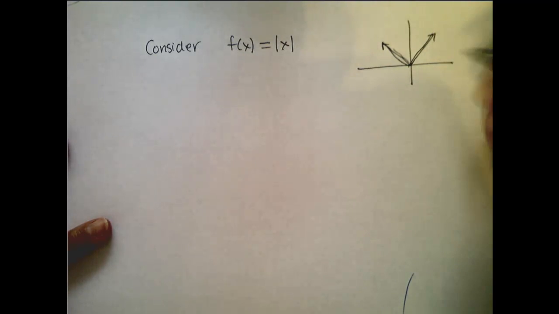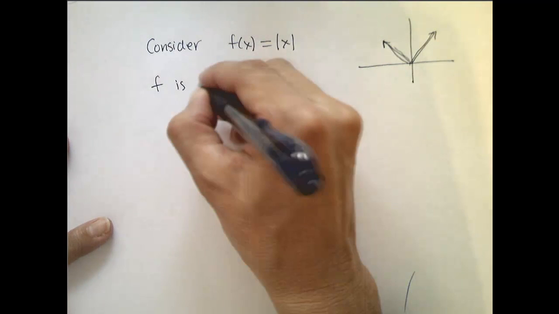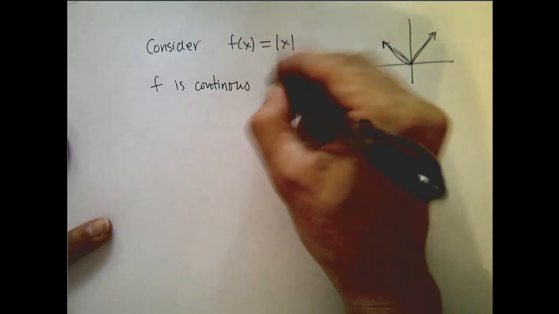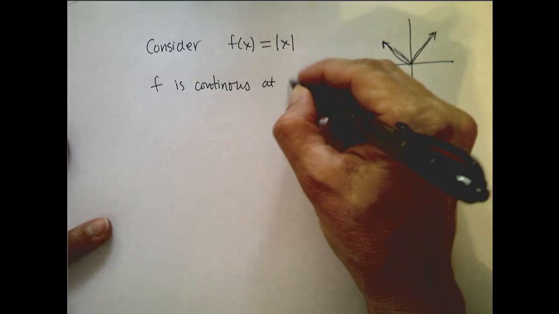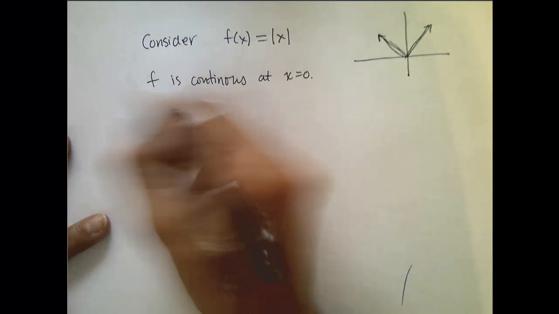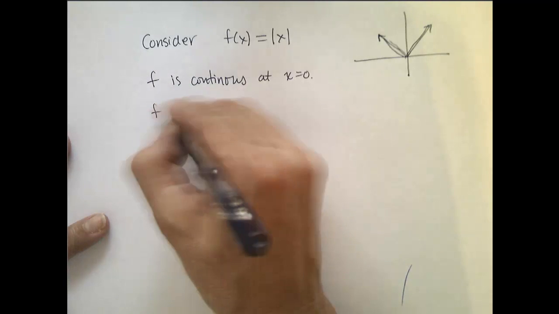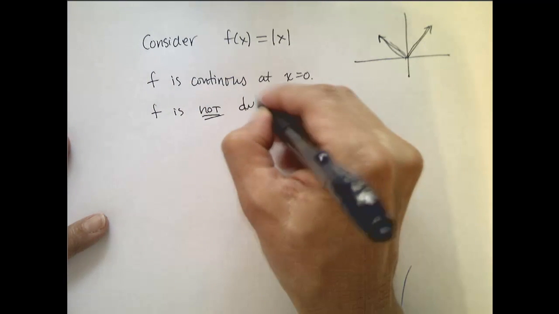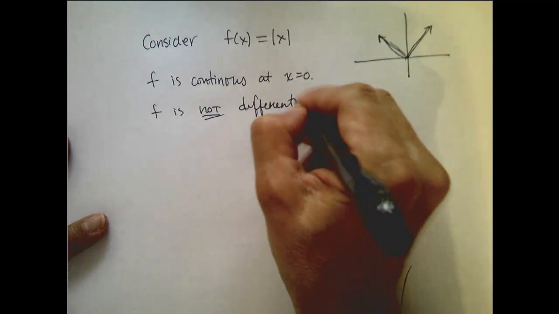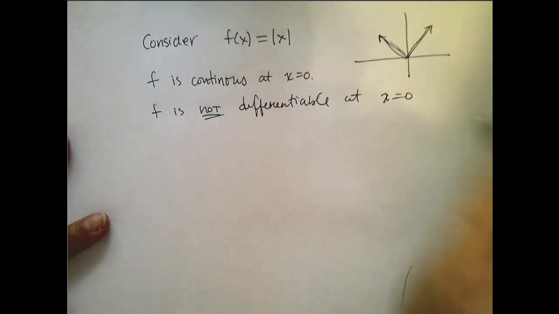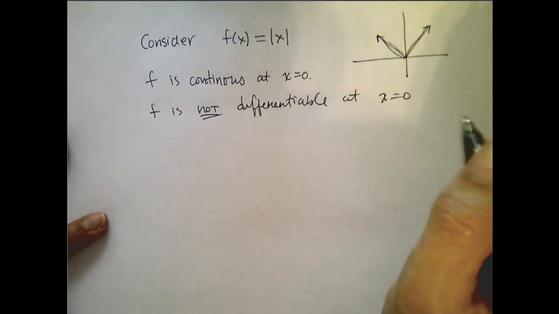I know that f is continuous for all x values. So in particular, it's continuous at x equals 0. There's no hole, there's no asymptote, there's no jump. However, what I also know is f is not differentiable at x equals 0. So this is a case where continuity does not give differentiability.